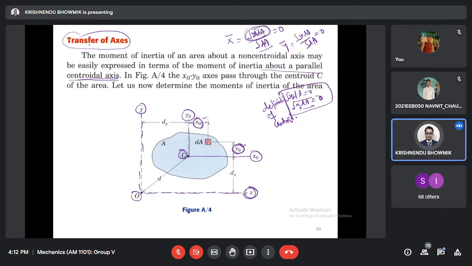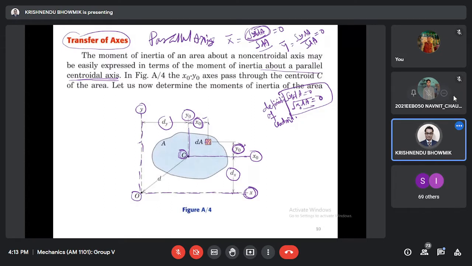That's why we call it transfer of axis, with the parallel axis. And let's have some distance dx from the x-axis for this coordinate, and for this coordinate it is dy. Distance is dy. So dx and dy.